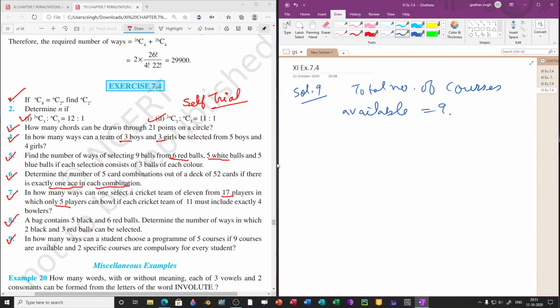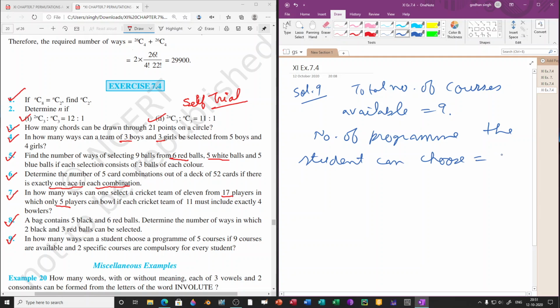And the number of programs which the student can choose is 5. So number of programs the student can choose is equal to 5. But out of this 5 also, 2 courses are compulsory.